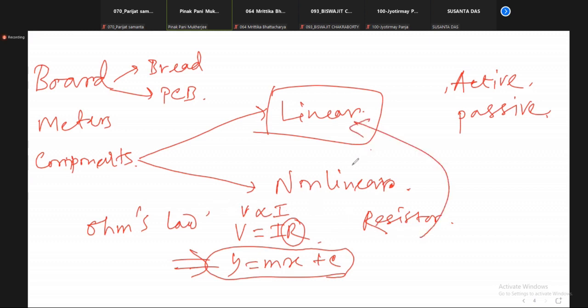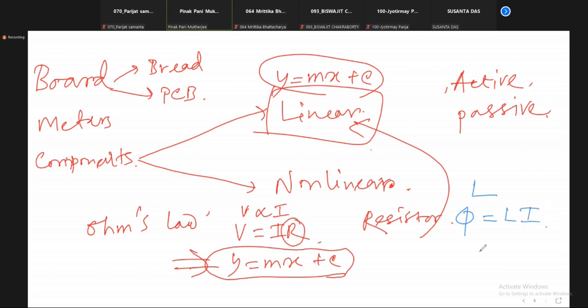So those elements which follow this equation are called linear circuit elements. Similarly, L, that is inductor, follows phi equal to Li. So again, it is Y equal to MX plus C. So that's why L is also a linear circuit element. Capacitor, Q equal to CV.